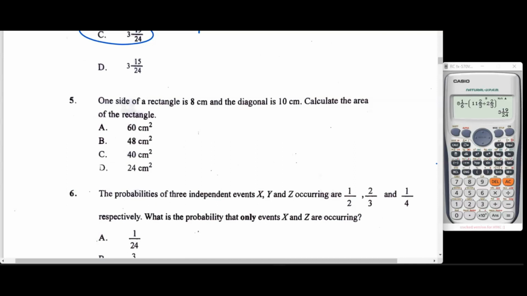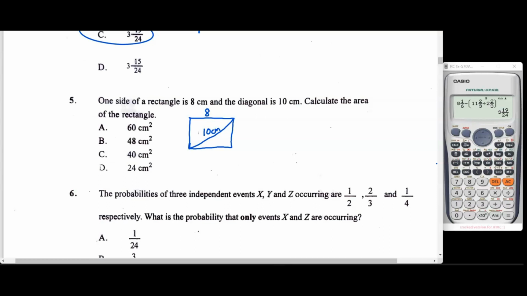So if we make a sketch of this information, we have a rectangle and one side is 8 centimeters. It can be the length or it can be the breadth. So we can say let the side be 8 centimeters. Now the diagonal, let's introduce our diagonal, and that is 10 centimeters.